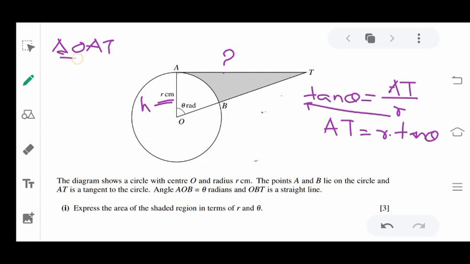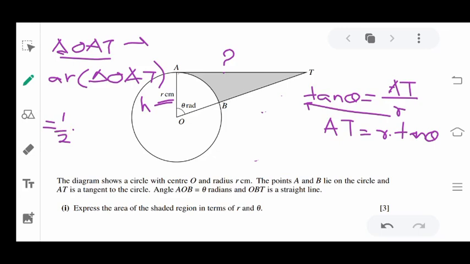So that we get area of triangle OAT as half into base into height.